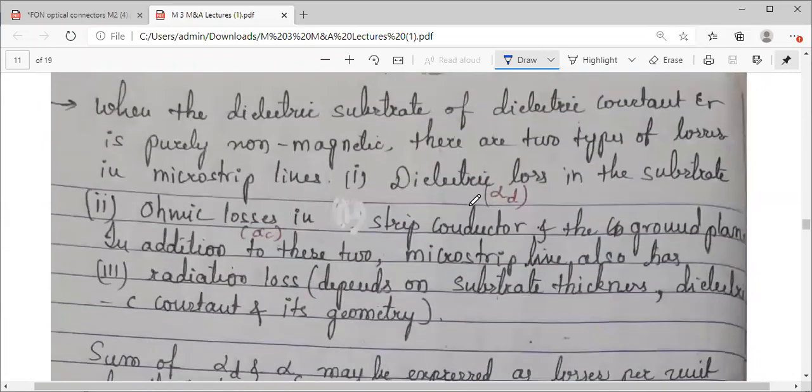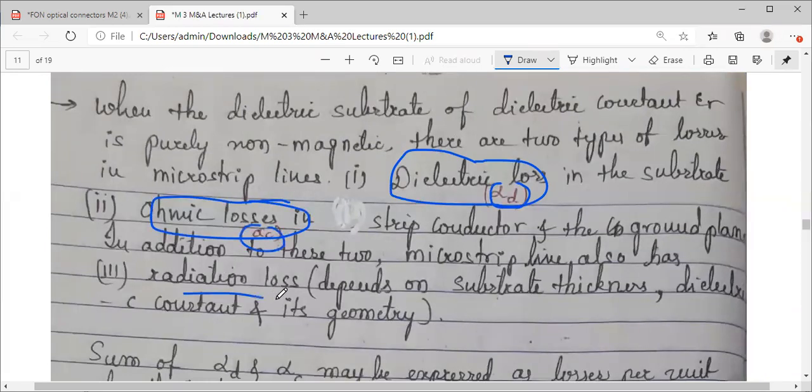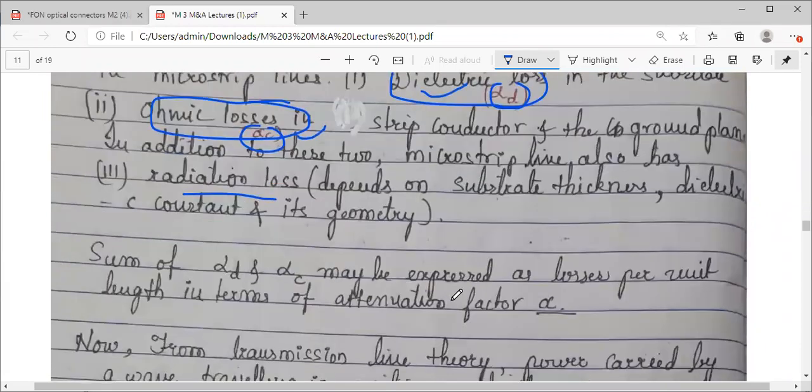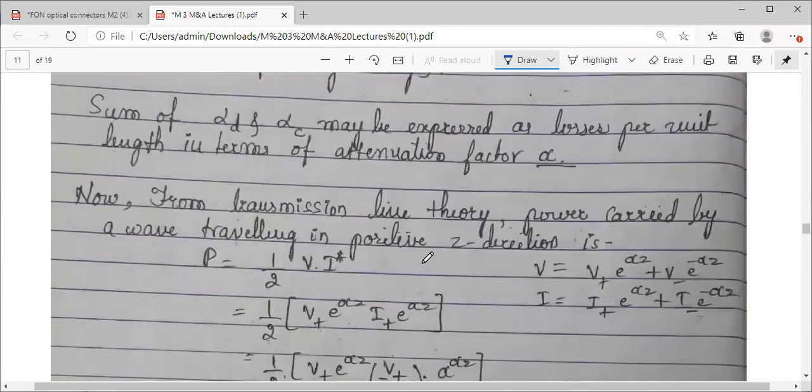Basically we have seen here the dielectric loss alpha D, ohmic losses alpha C, and one more, additionally, a radiation loss. So the alpha D and alpha C equations that we have seen in the previous session are important for us. We will take the reference of them and then go on checking the expression for quality factor.